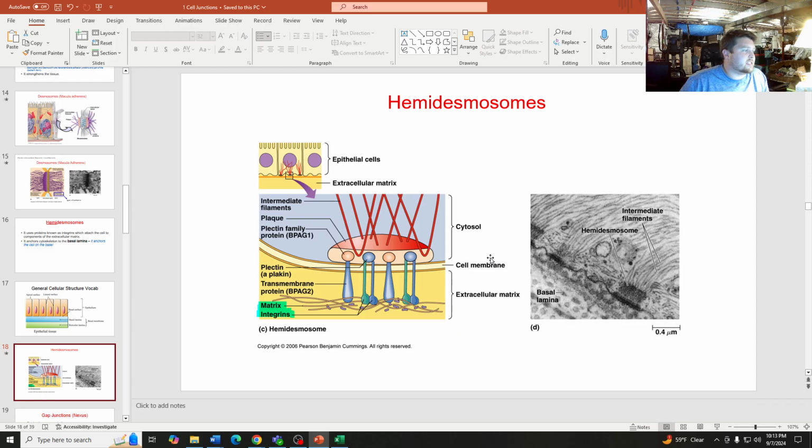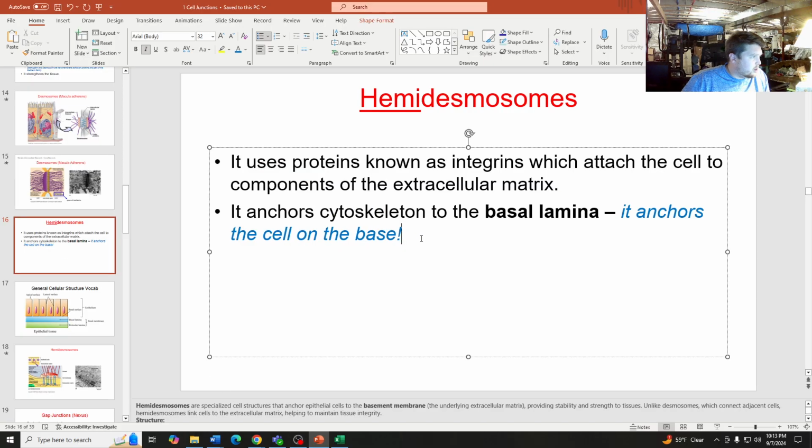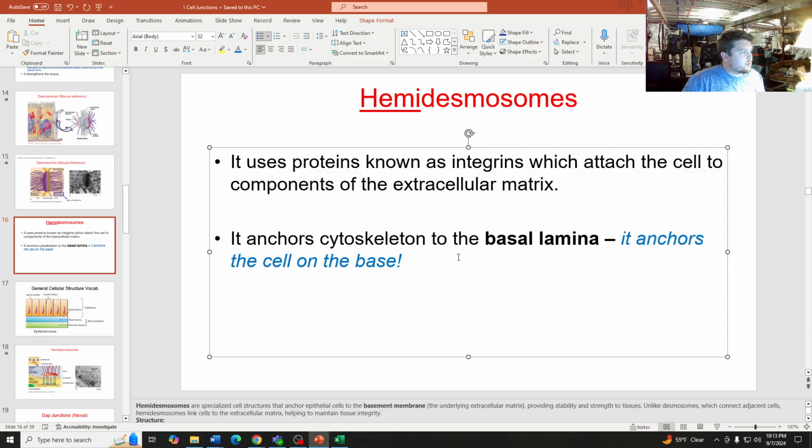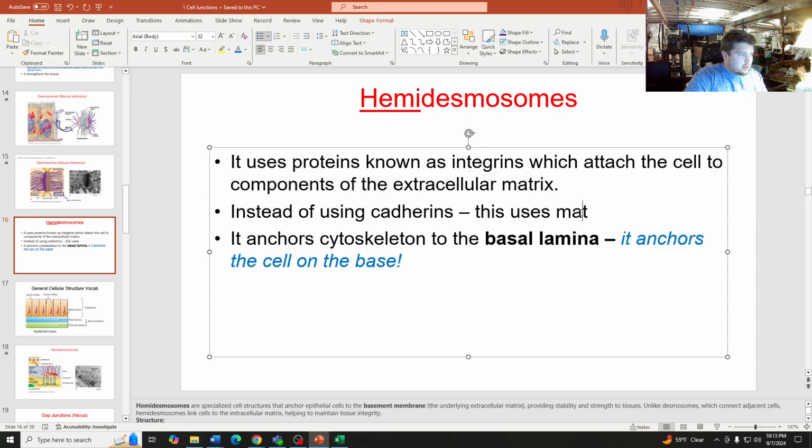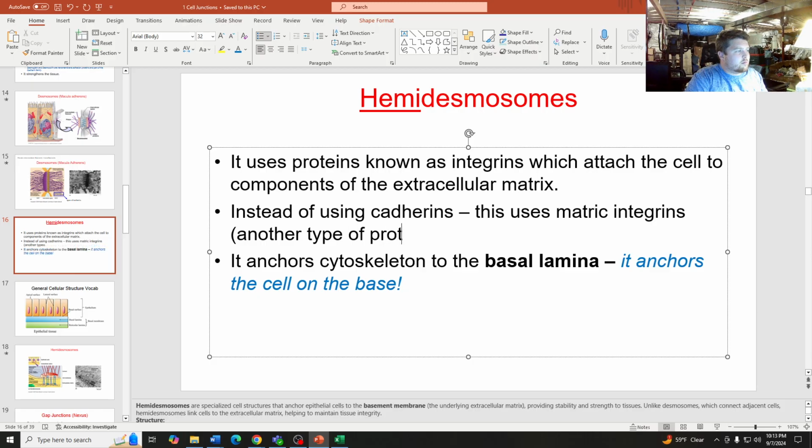The biggest difference here when comparing desmosomes to hemidesmosomes, and I know I have it written down below, but I'm going to add it in here as well, is that instead of using cadherins like everything else does, this uses what are called, make sure I spell it right, matrix integrins. Matrix integrin, another type of protein.